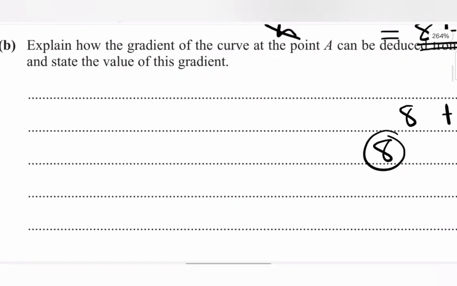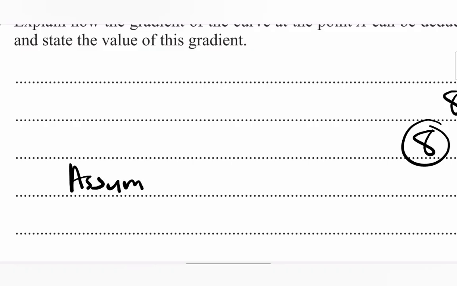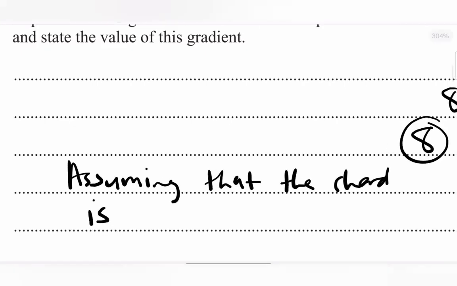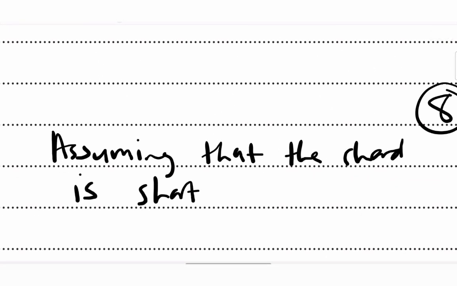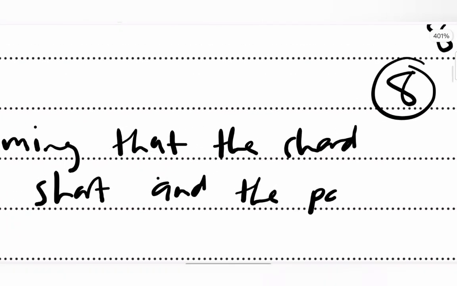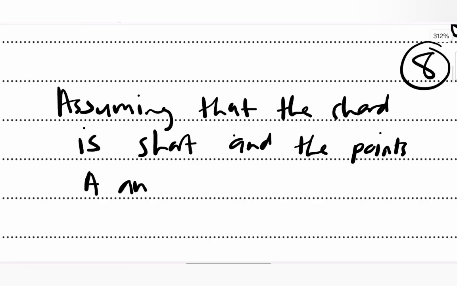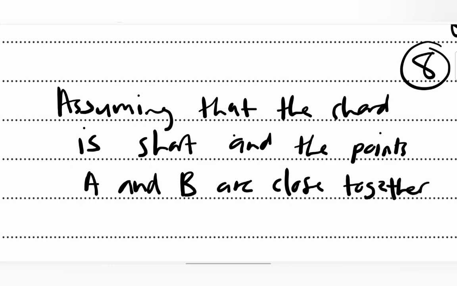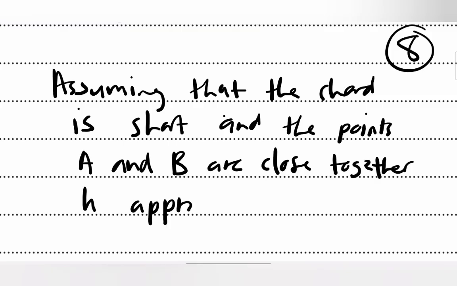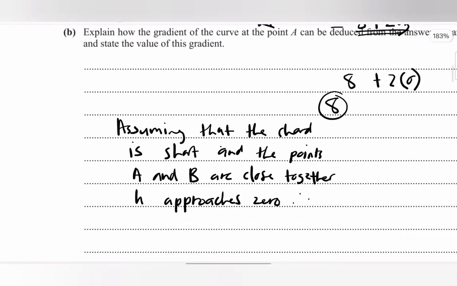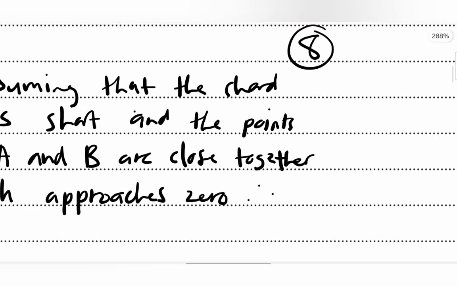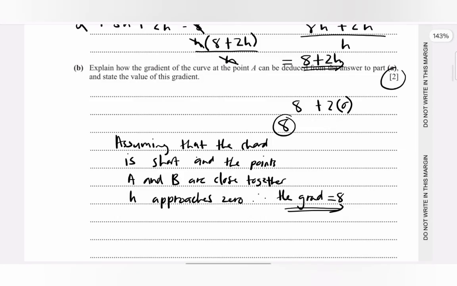So then we'll write that assuming that the chord is short and the points A and B are close together, h approaches 0, and therefore substituting h with 0 there, we get the gradient to be 8, and you get your 2 marks for saying that.